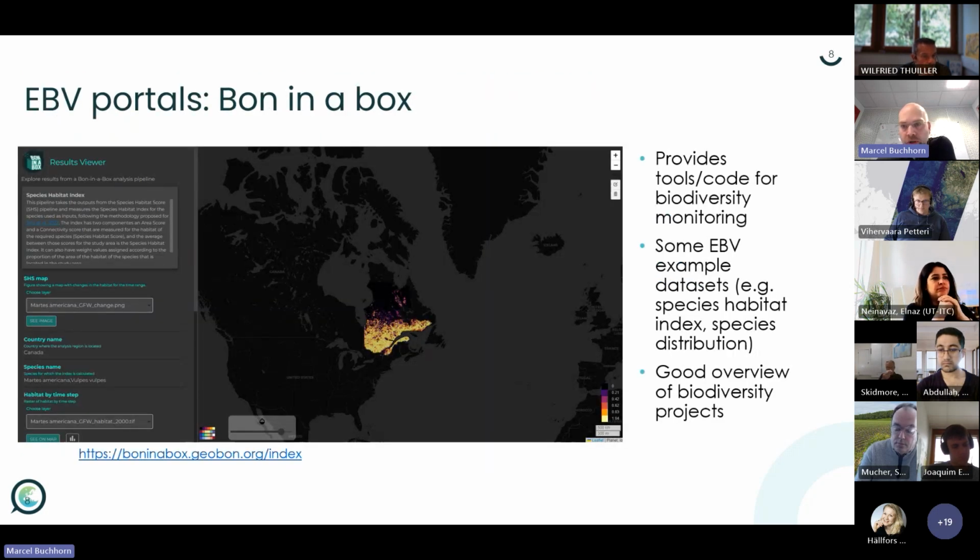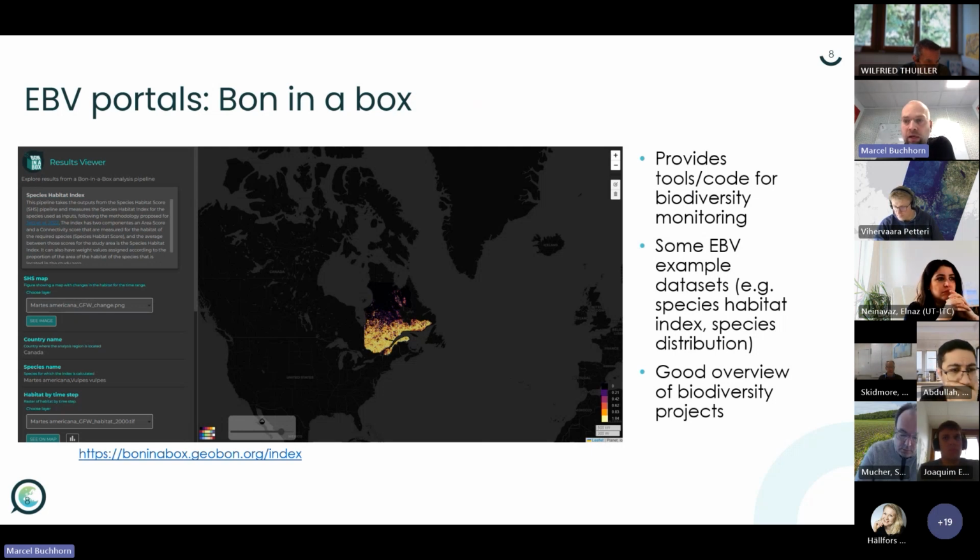So most important at the moment are, for example, the EBV portal Bon in a Box, which is provided by GeoBON. That is currently still to be filled with way more data. It provides mainly tools and code for biodiversity monitoring.